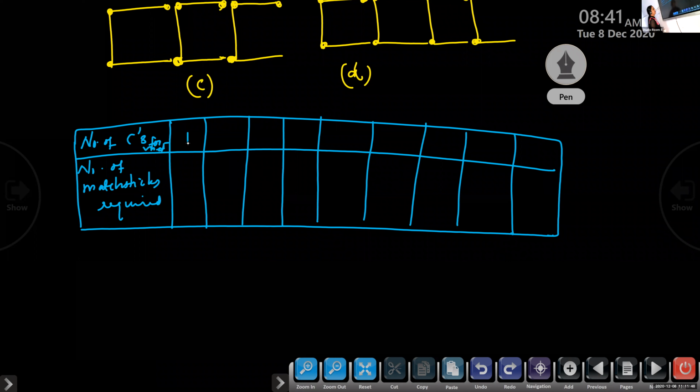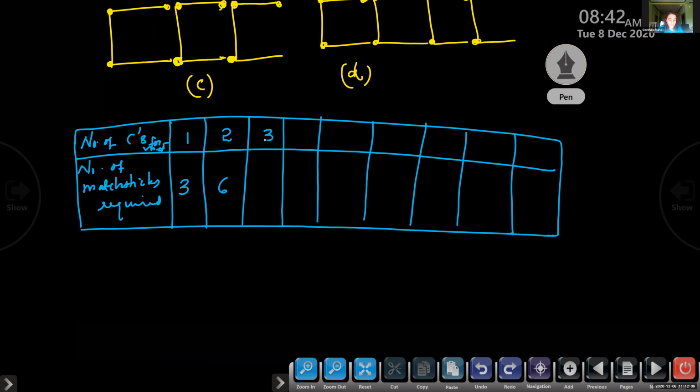Okay. So number of C's formed: 1 C. How many matchsticks required? 3. Then 2 C's: 6.